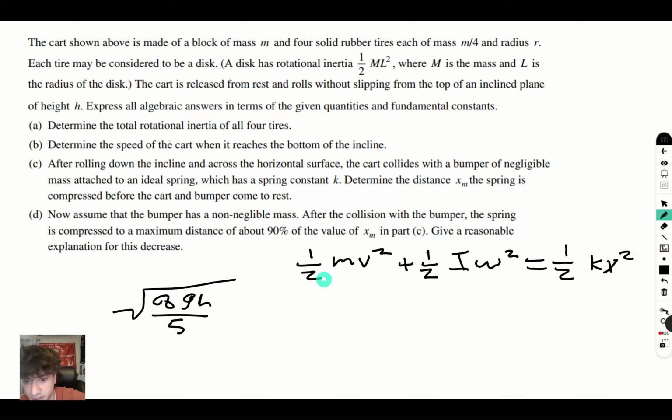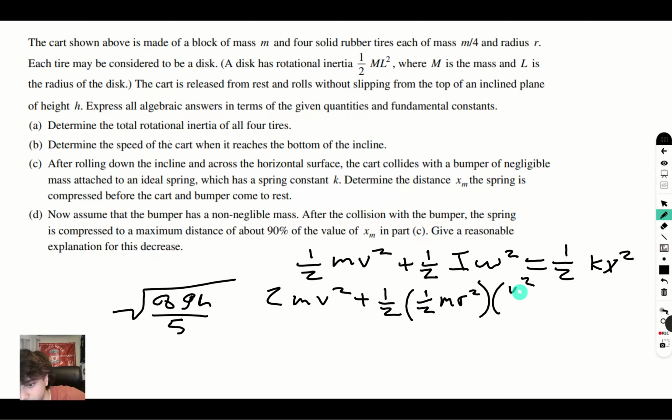We can get rid of all of these 1/2, so we get mv squared plus 1/2 I omega squared. Our mass is 2m, and the inertia is 1/2 mr squared, times v squared over r squared, is equal to kx squared.